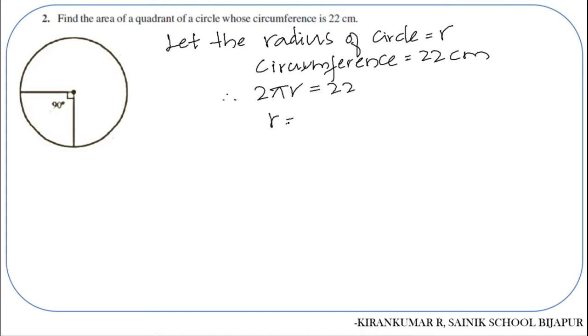We can find the radius. r will be equal to 22 upon 2 pi, which is 22 upon 2 times 22 by 7. So we get the radius as 7 upon 2 centimeter.